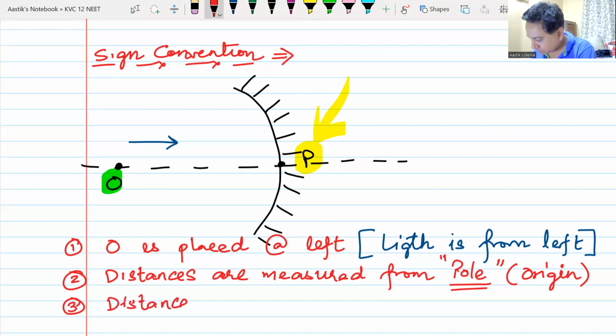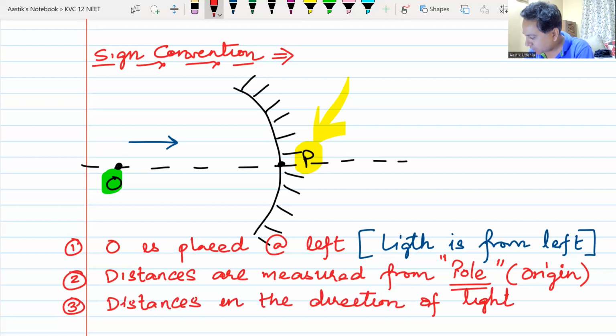Distances in the direction of light will be taken as positive. Do we know this? Yes or no? Please raise your hands if we know it. Distances measured in the direction of light are positive.